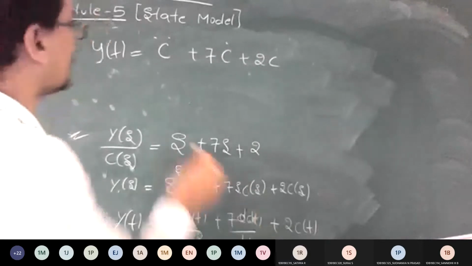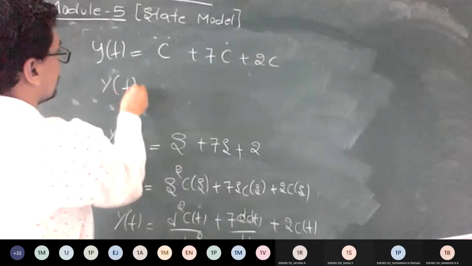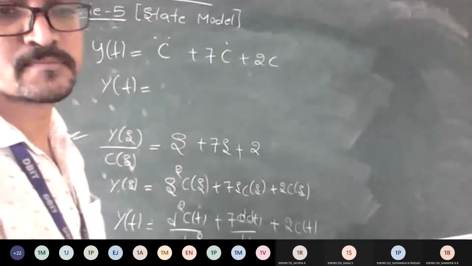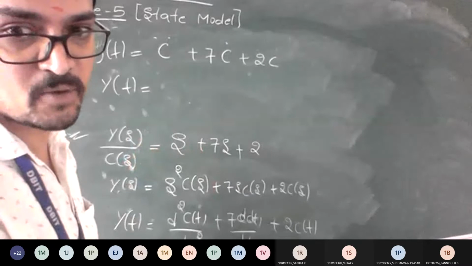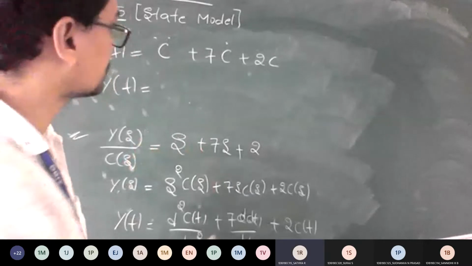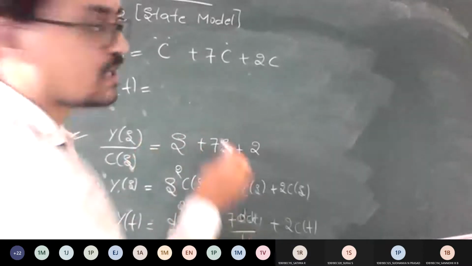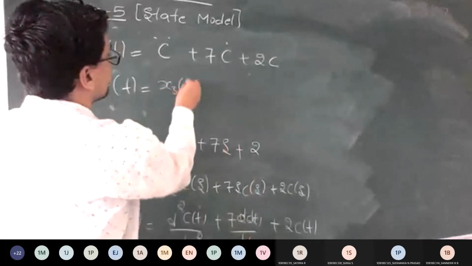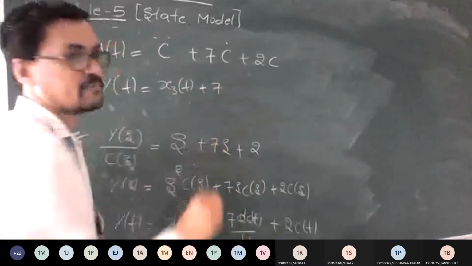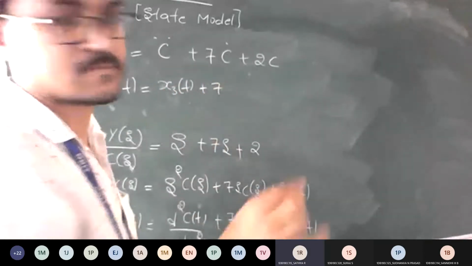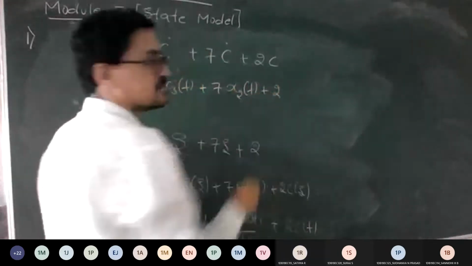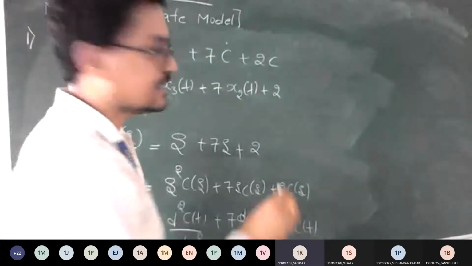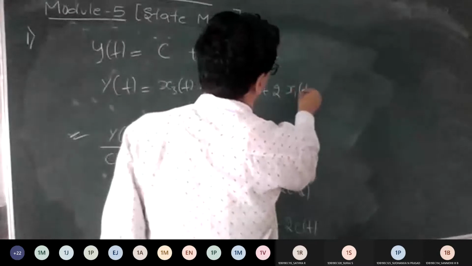So according to the assumption, what is C double dot equal to? Previous one you remember the assumption, right? First block answer, how much? X3 of t. Good. X3 of t plus 7. Single dot means? X2. Good. X2 of t plus 2. C means what? X1 of t.